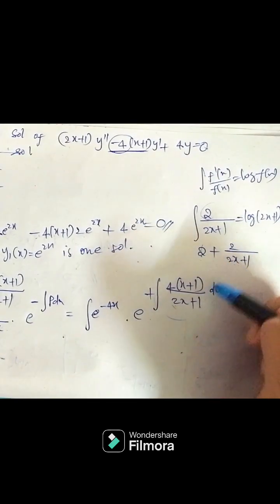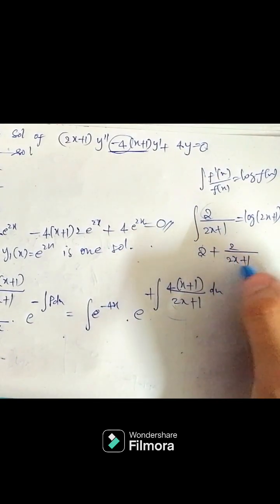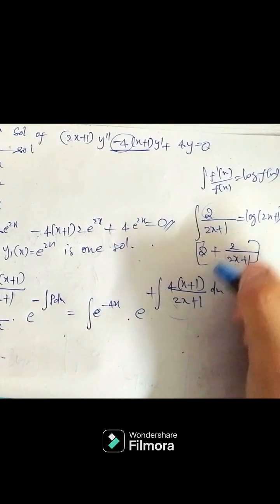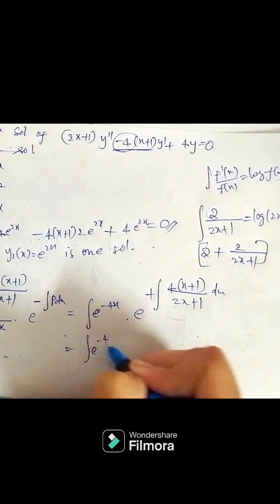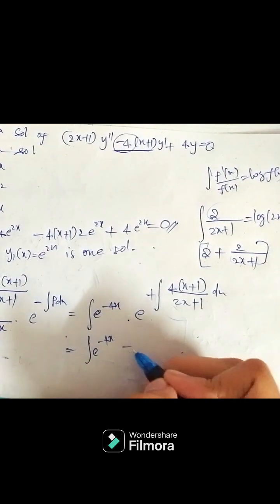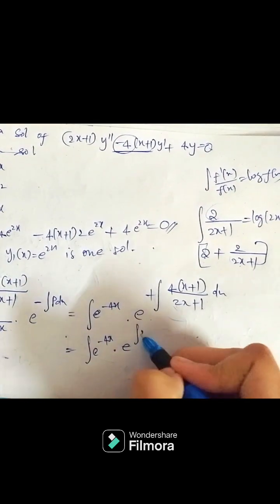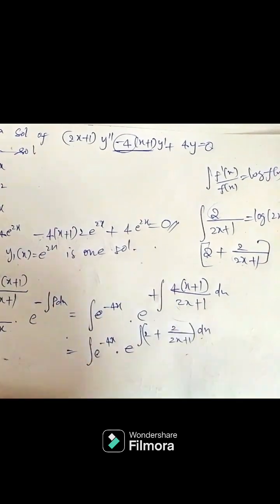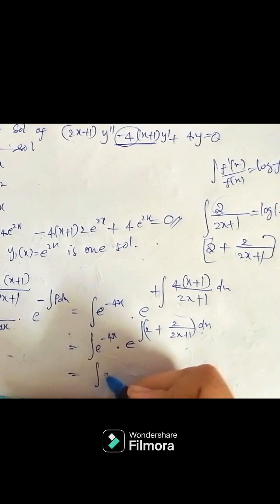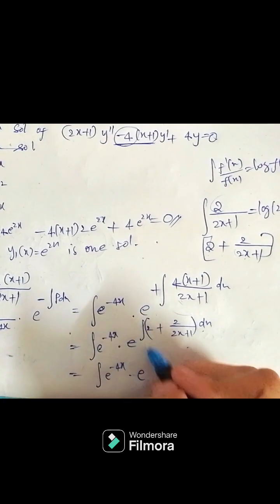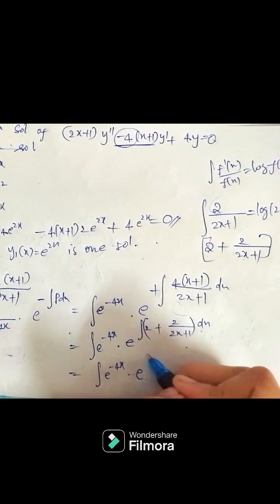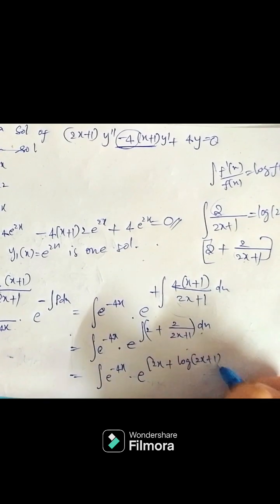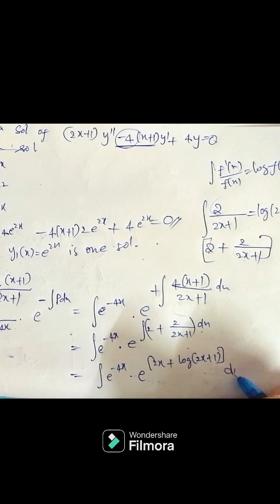See, 4x plus 1, it is satisfying. So this is equal to this. So by trial and error method, you have the integral of e power minus 2 plus 2 by (2x plus 1) dx, which will be minus 2x plus log of 2x plus 1, dx.